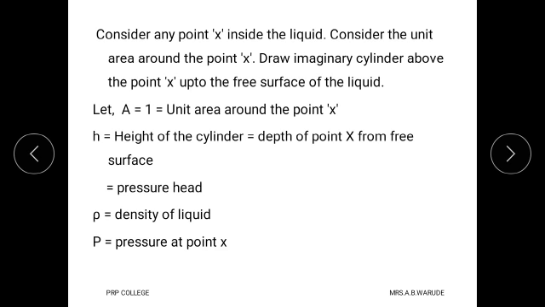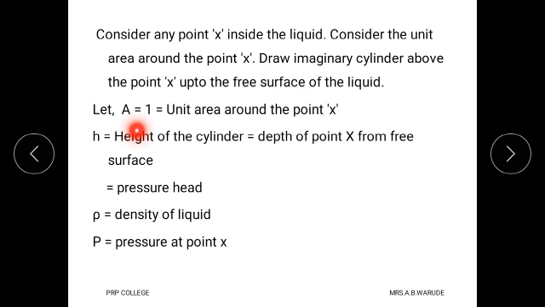And for that, we consider any point X inside the liquid and consider the unit area around that point X. And here we draw an imaginary cylinder above the point X up to the free surface of the liquid.